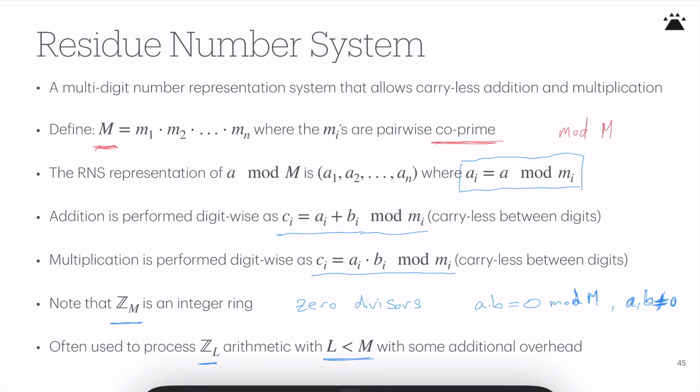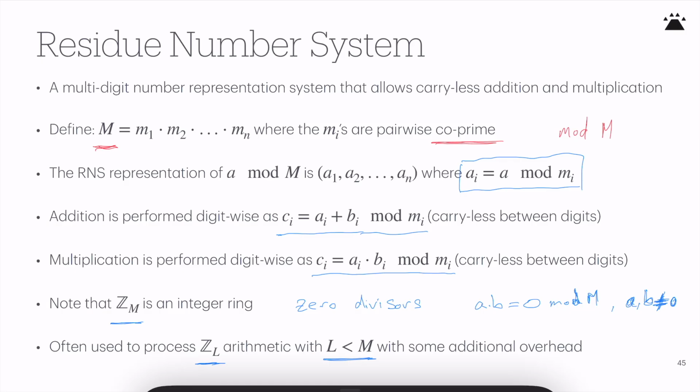So it's no longer going to be just a_1 to a_n. It will have maybe another residue, or another few residues, that will show you when you've overflown L and you need to wrap around.